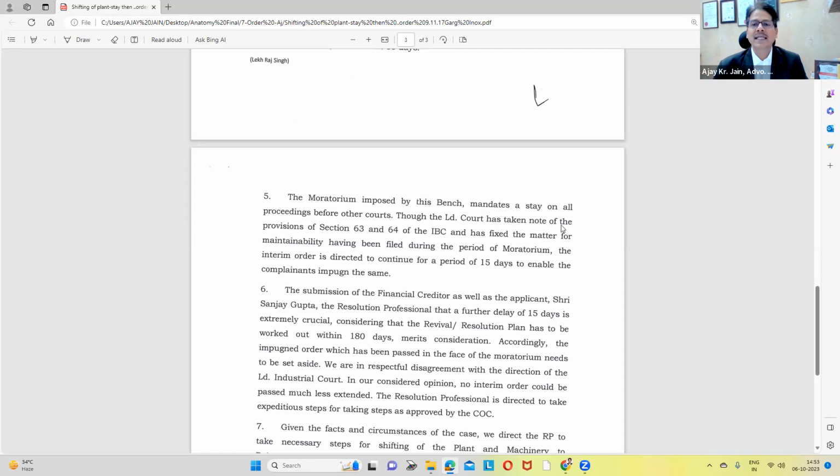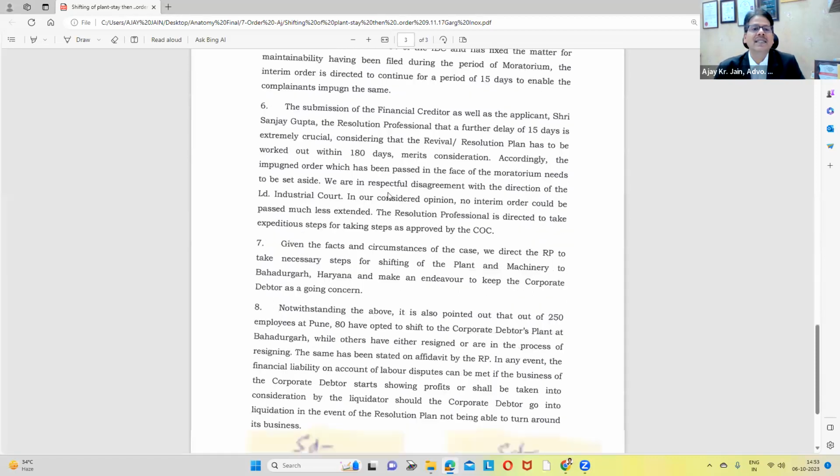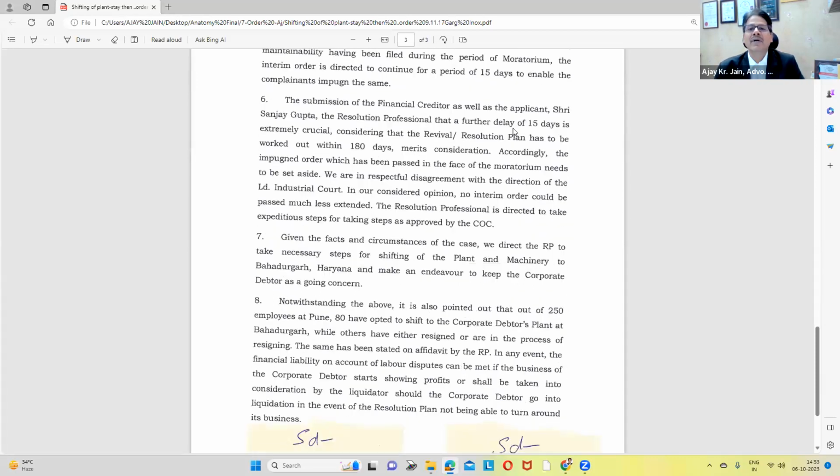Though the learned court, the industrial tribunal, has taken note of the provisions of sections 63, 64 of IBC and has fixed the matter for maintainability, having been filed during the period of moratorium, the interim order is directed to continue for a period of 15 days. The submission of the financial creditor as well as the applicant RP is that a further delay of 15 days is extremely crucial considering the resolution plan has to be worked out within 180 days. Accordingly the impugned order, which has been passed in the face of moratorium, needs to be set aside.